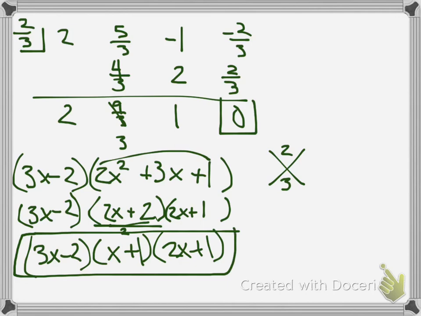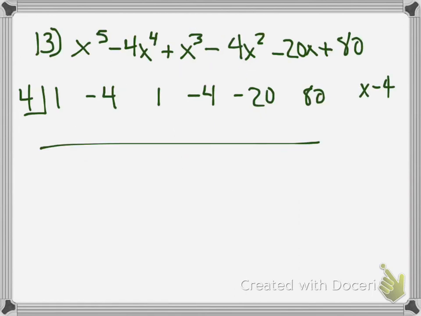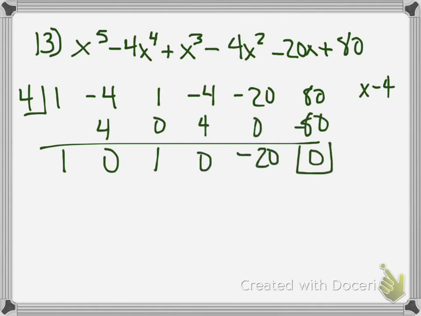Okay? Final question. Yay! So here's 13, and you can see how it's set up. I'm trying to make sure it's all set up for you. You go through the process of doing your synthetic division. Notice this one was really long, but it's done in a purposeful way that you end up with a quadratic form equation.